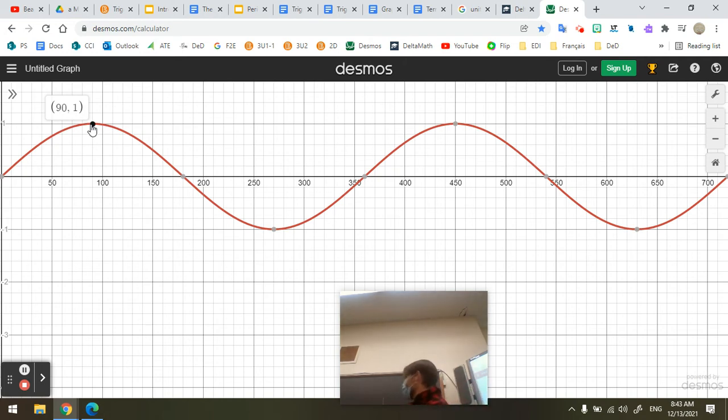That's the maximum value of sine. It goes from (0, 0) to 1, comes down at 180 back to 0. Here is 270, and here is 360. So that is one period, the amount of time it takes to go through one cycle.